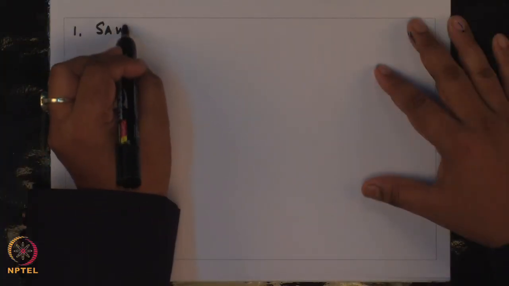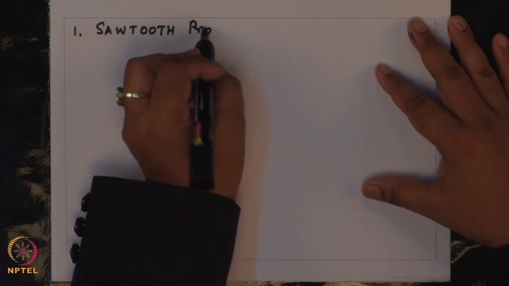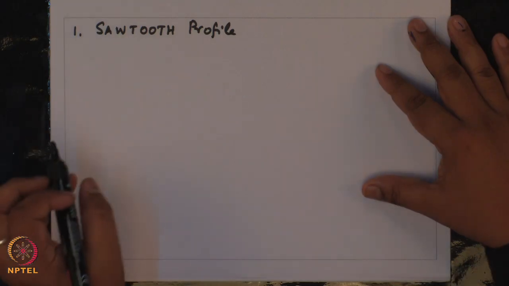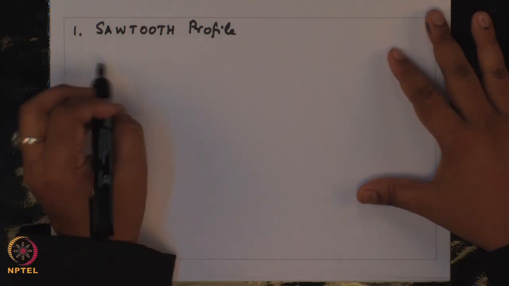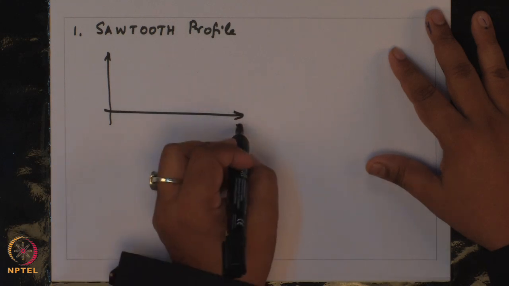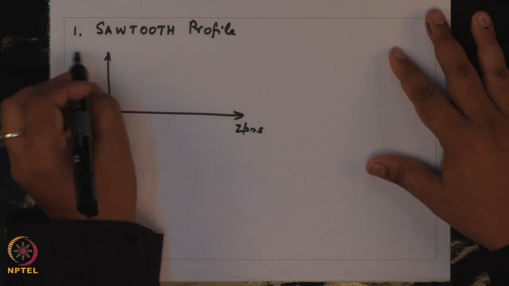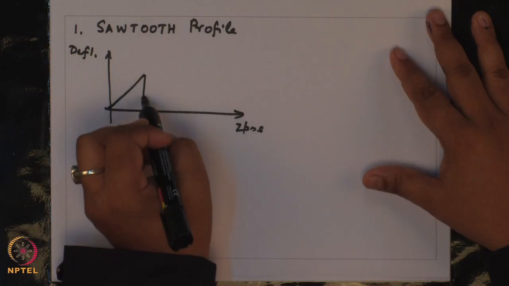One, I introduced the sawtooth profile. When you do protein unfolding studies with sparse concentrations and you pull a protein with an AFM, your sawtooth profile looks something like this.